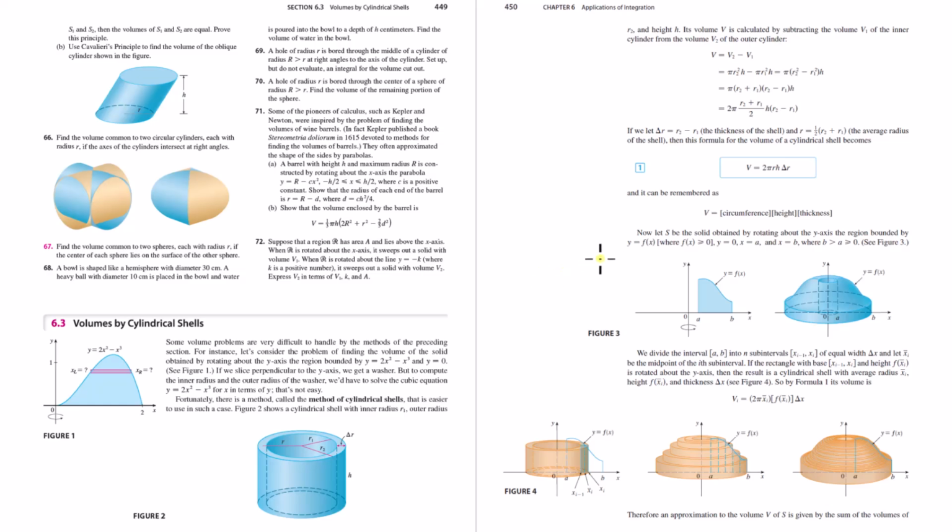You find the area of that cross-section at the position x that you're at, and then multiply it by delta x. So you've got the area of a cross-section and then a little delta x. That's exactly what a right cylinder is.